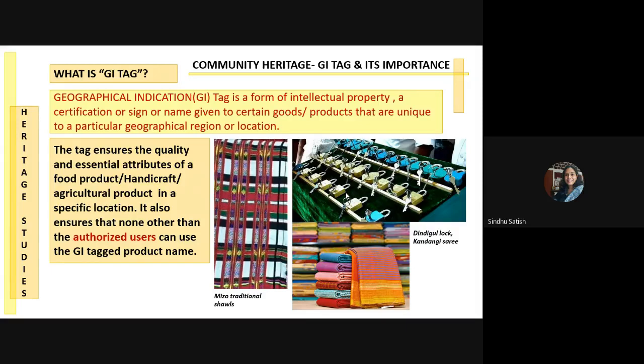It also ensures that no one other than the authorized users can use the GI tag product name. The moment it is recognized by the government as a GI tag product, its importance and relevance as an authentic product of the country goes high. Immediately it is recognized, and the whole scenario for that product perhaps changes.